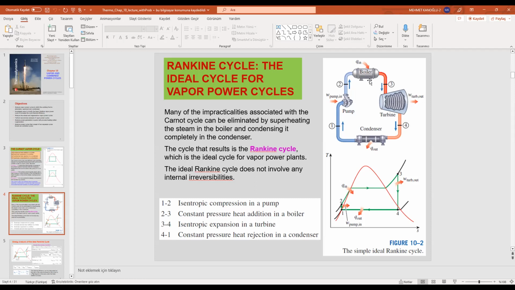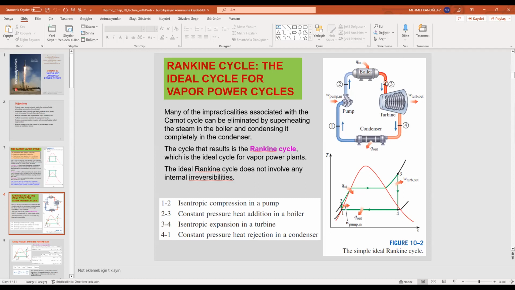Then as you transfer more heat, it vaporizes at constant pressure until it becomes saturated vapor. You transfer more heat and it leaves the boiler at superheated vapor state. So state 3 is superheated vapor.